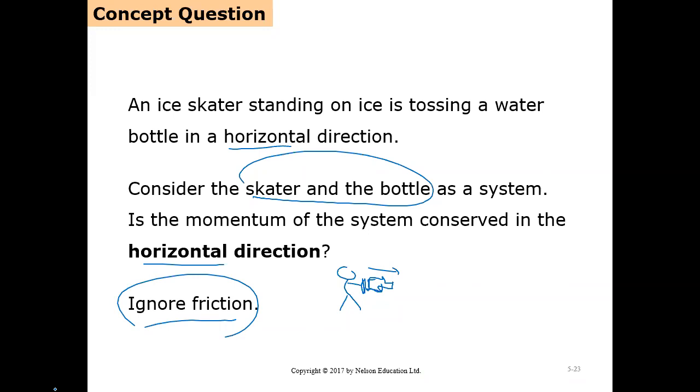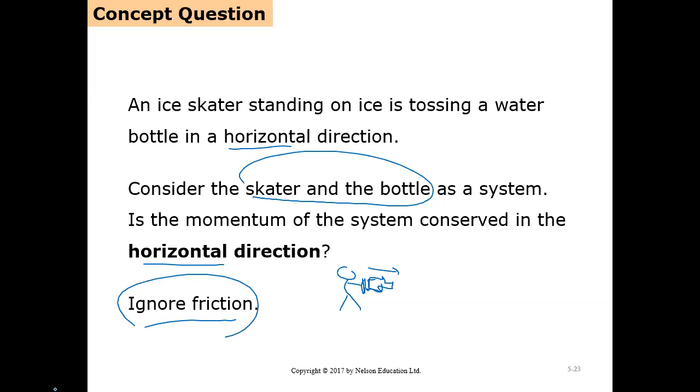It is going to be conserved in the vertical direction as well, because you are not throwing it up vertically, you are throwing horizontally only. Therefore, even in the vertical direction, the net force is 0 when he throws only horizontally. And in the horizontal direction, it is 0 anyway.